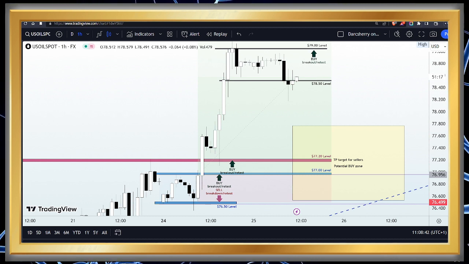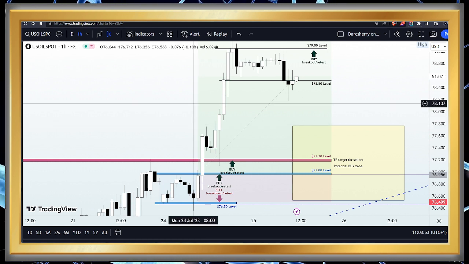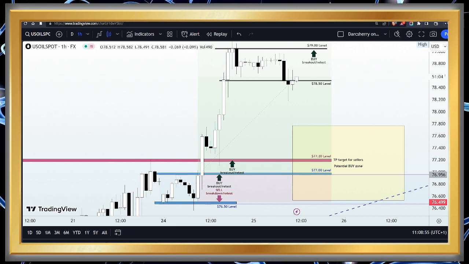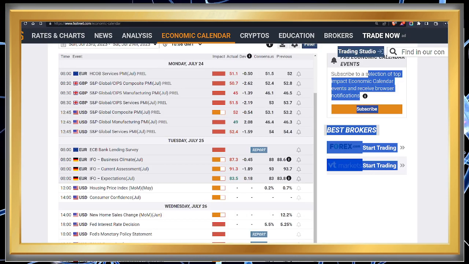By monitoring the economic calendar, we can easily identify potential correlations between key economic releases and specific technical patterns. So with that being said, let's dive into the economic calendar.